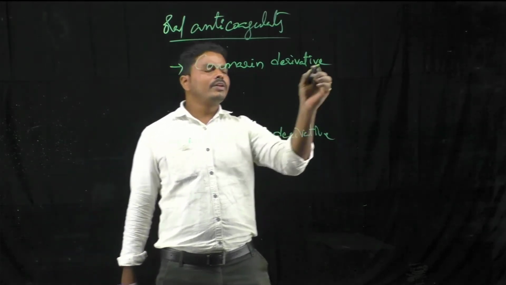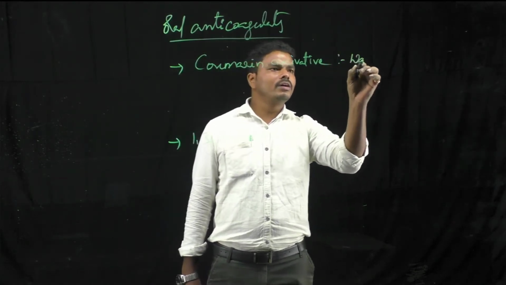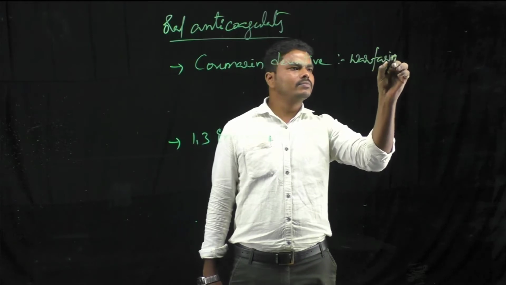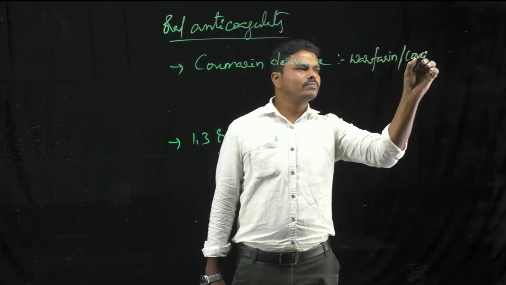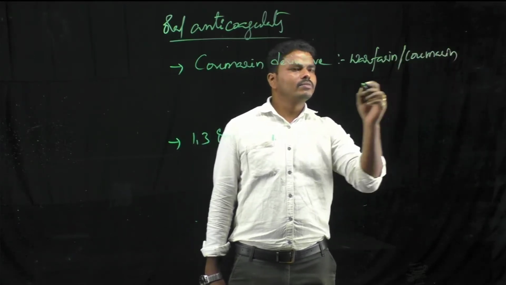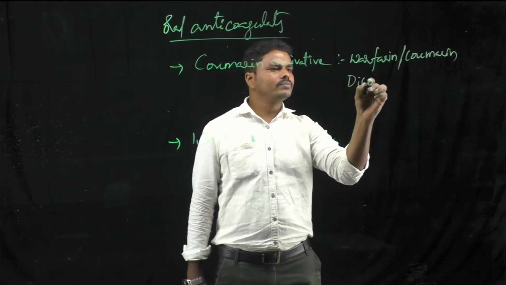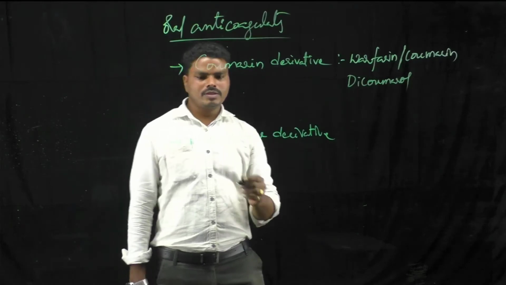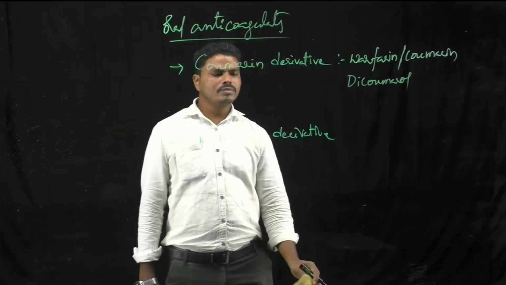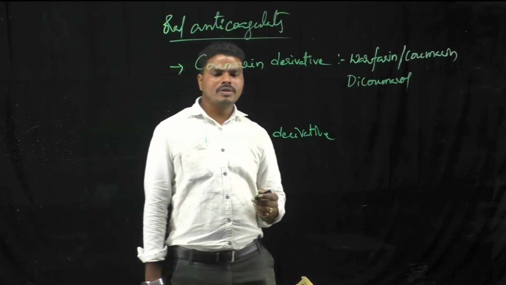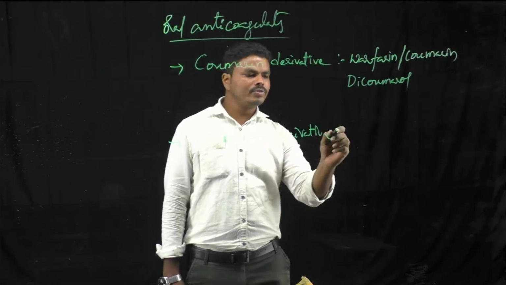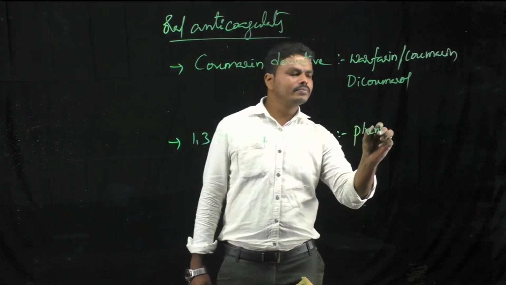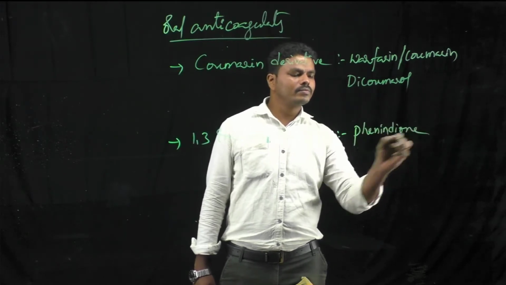Coumarin derivative examples are warfarin, also called coumarin, and dicumarol. Examples for the 1,3 indione derivatives are phenindione and anisindione.